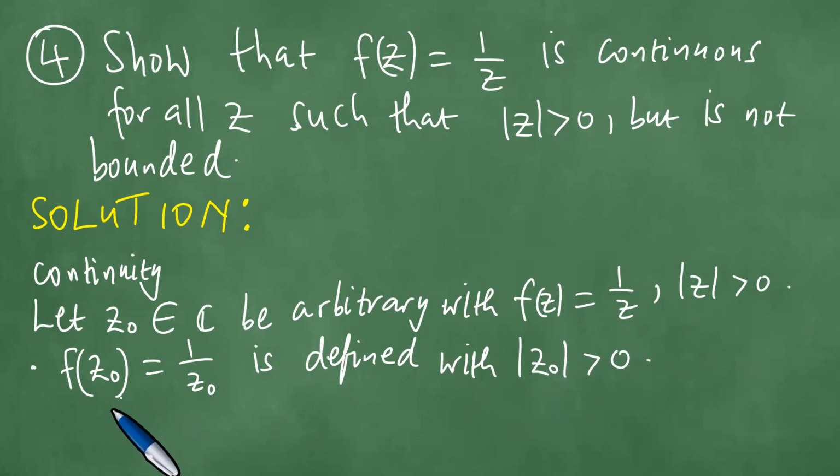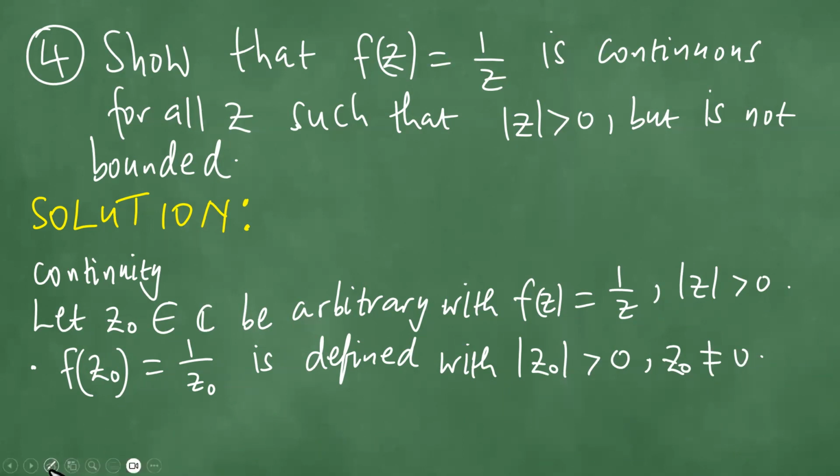Obviously we know it's defined when z0 is not 0. So just note that: z0 is not 0, because the modulus is bigger than 0.